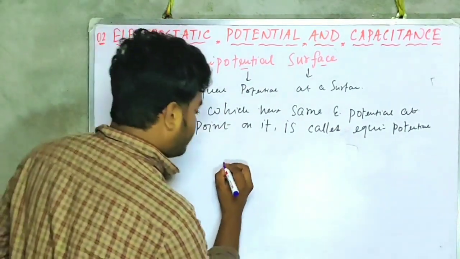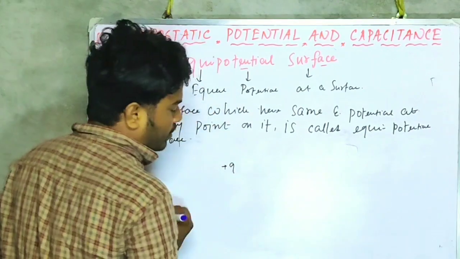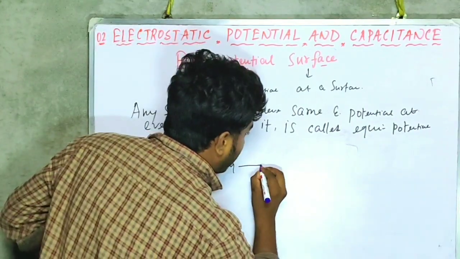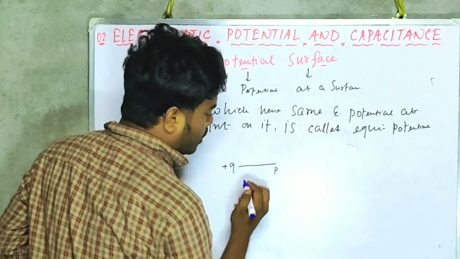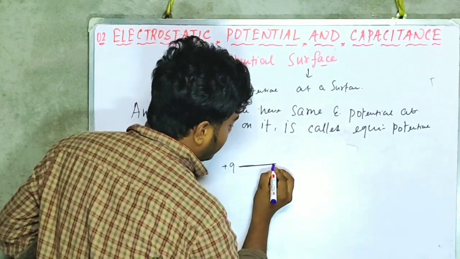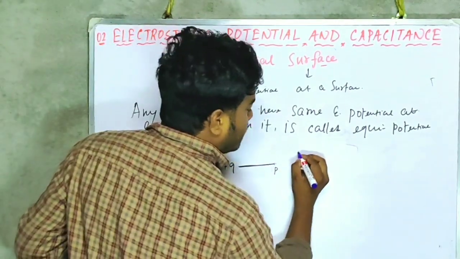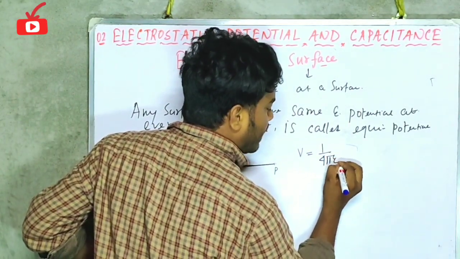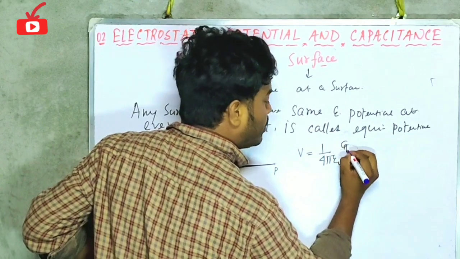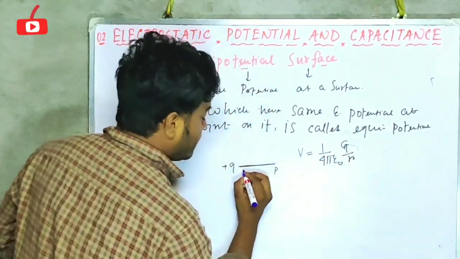If there is a charge plus Q and you have to calculate the electric field as well as the electric potential at point P, you know the formula: V is equal to 1 by 4 pi epsilon naught times the charge divided by the separation.